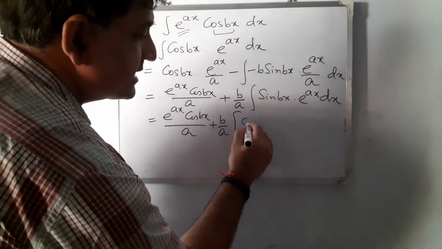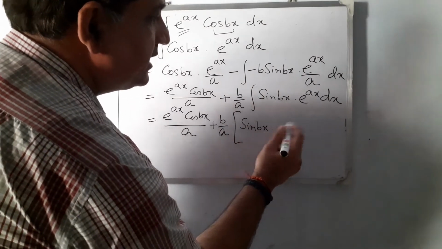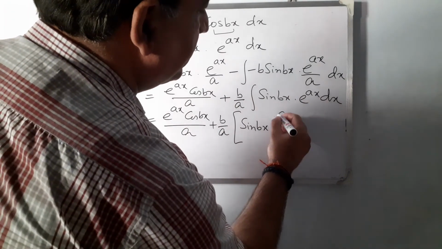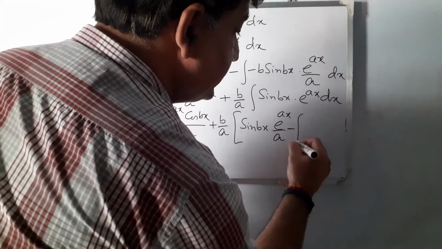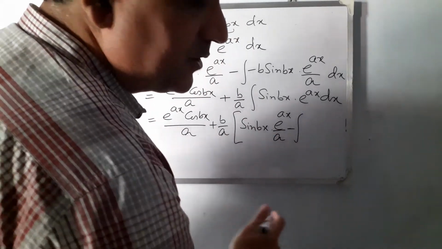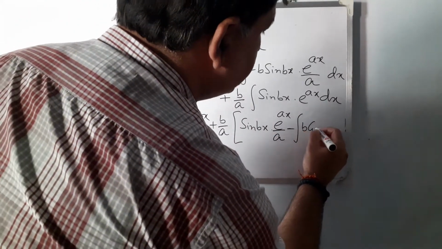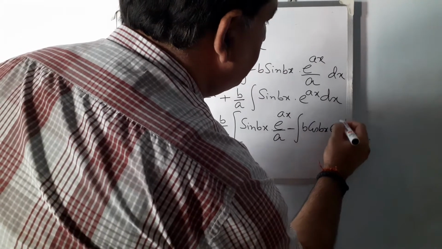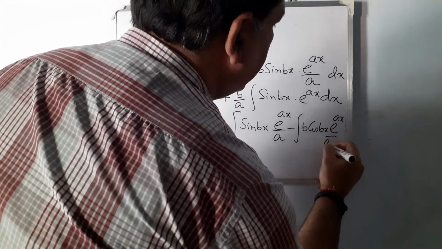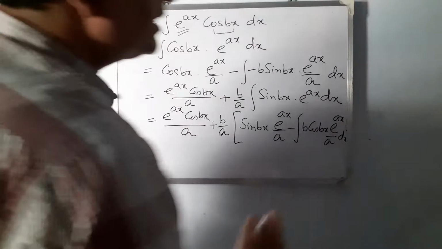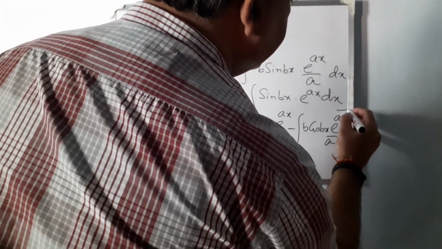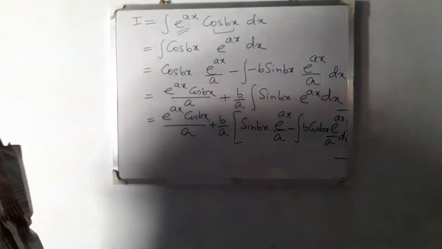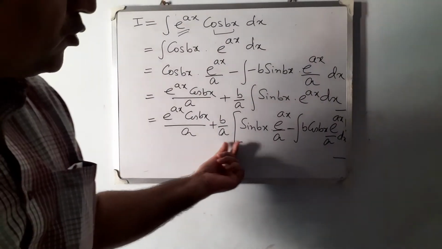Here we write sin bx times the integral of e power ax, which is e power ax by a, then minus integral sin bx's differentiation, which is b cos bx, into e power ax by a, whole dx. So this result you will get. Now you have to close the bracket here. After that, we will open this bracket.